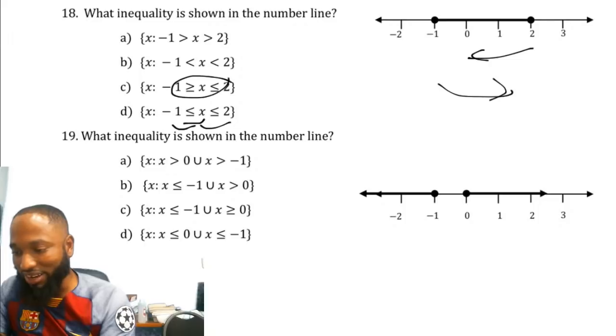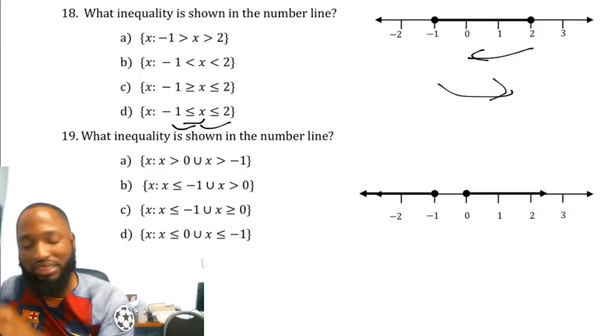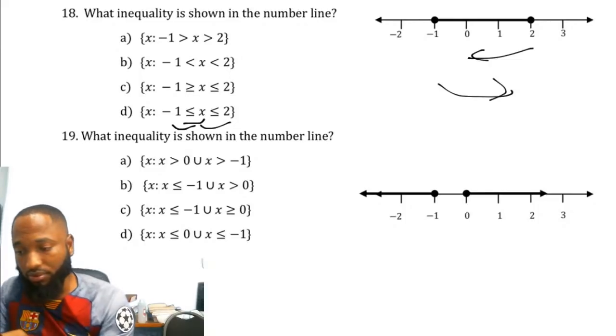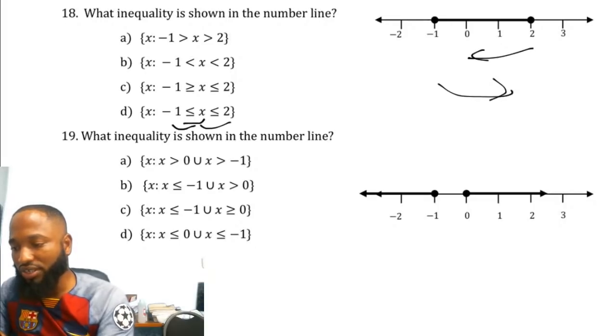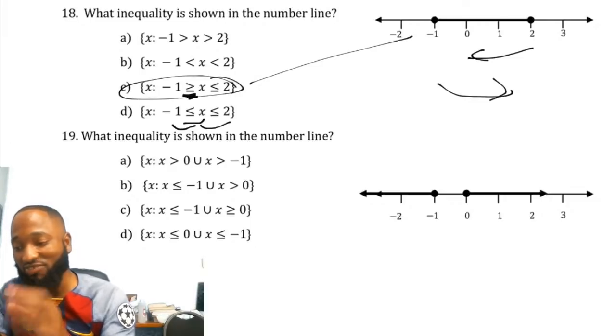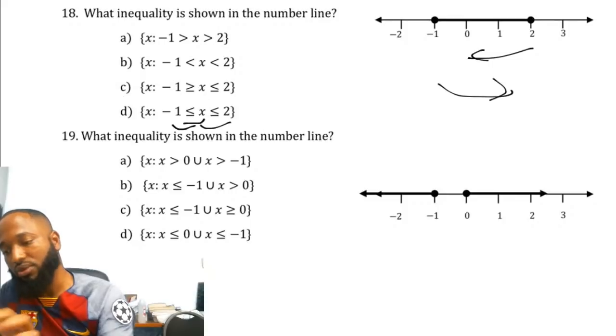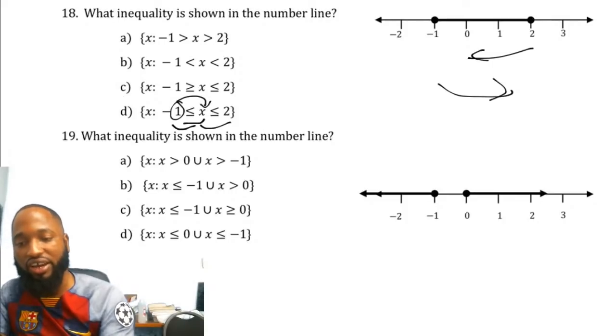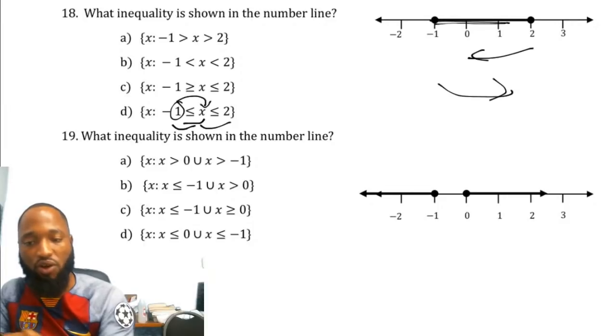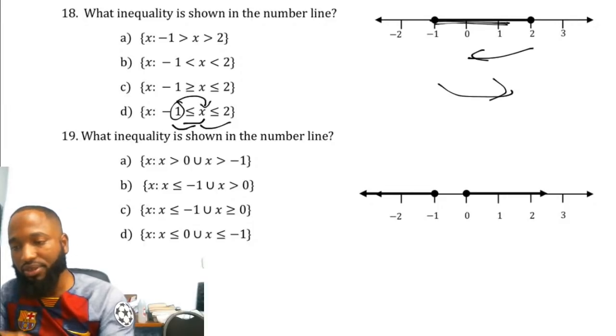Now this one is making it look nice, but this isn't making sense. It's not less than. You've got to watch. This sign is in the wrong direction, and this is a real trap here. It just feels good, but it's wrong. This sign is saying -1 is less than x, which is correct. X is greater than -1. You need to watch the pointy side.